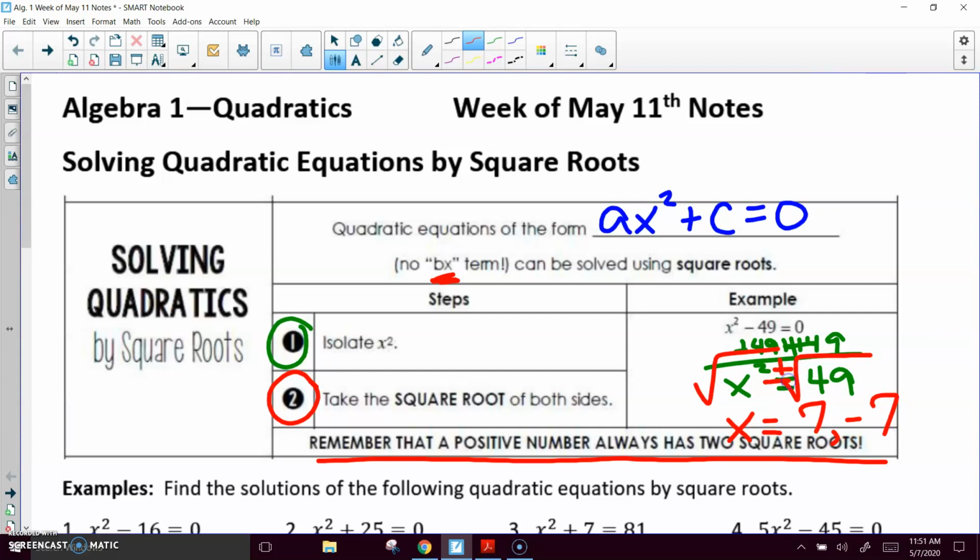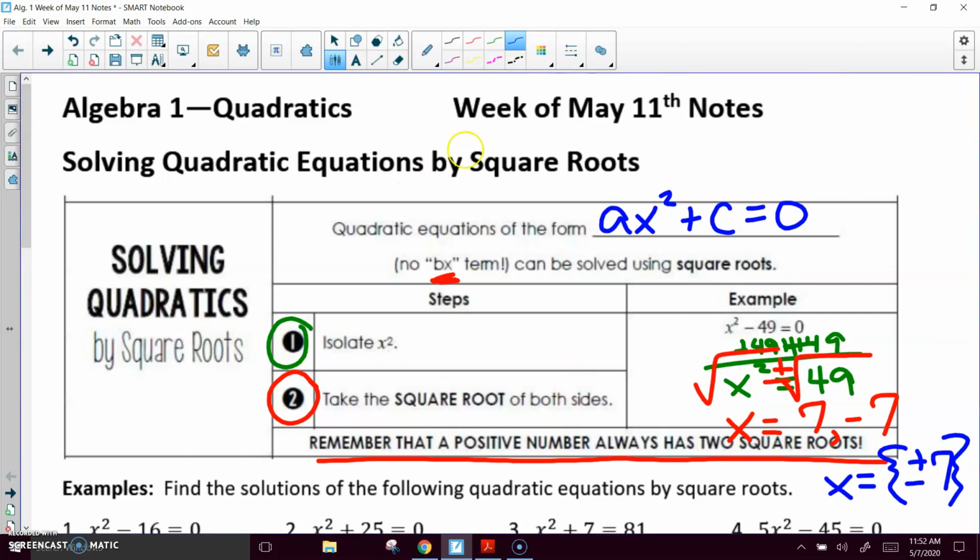So when we square root both sides, we want to include the positive and the negative. How I'd like to see this written is x equals, in bracket notation like we did with factoring, 7, negative 7, but an easier way is plus or minus 7. That represents positive 7 and negative 7.